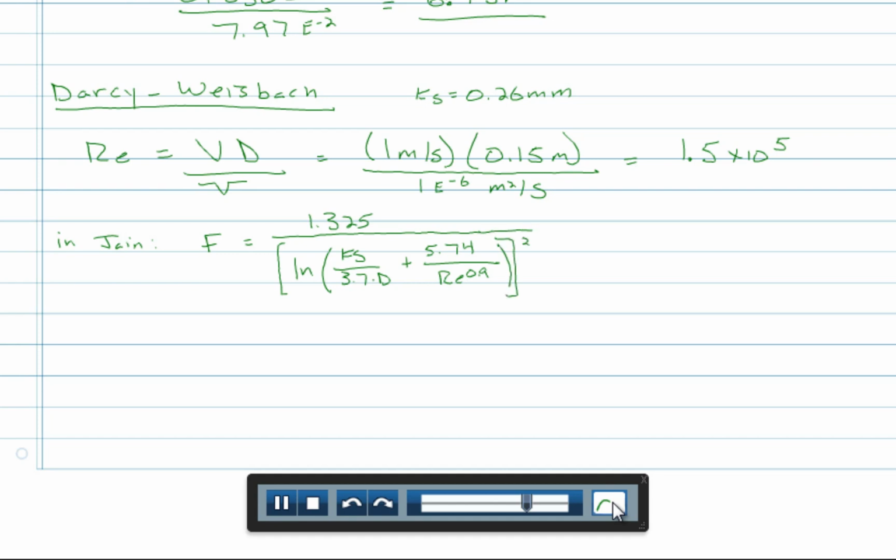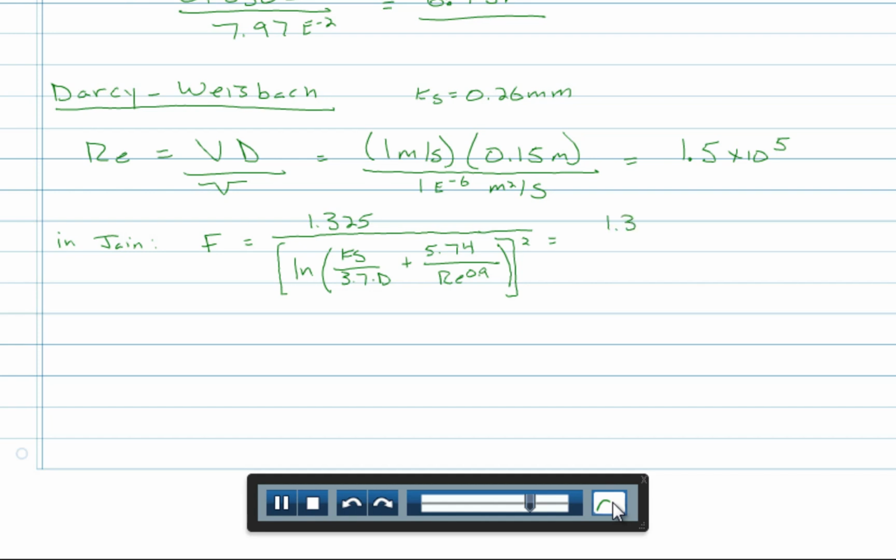Remember, the Swamee-Jain equation gives us a pretty accurate estimate of the f value. If we wanted to go all the way and have hyper accuracy over any range of flow conditions, we'd use the Colebrook equation, but under most circumstances Swamee-Jain will work just fine. So we'll substitute in the known values here.